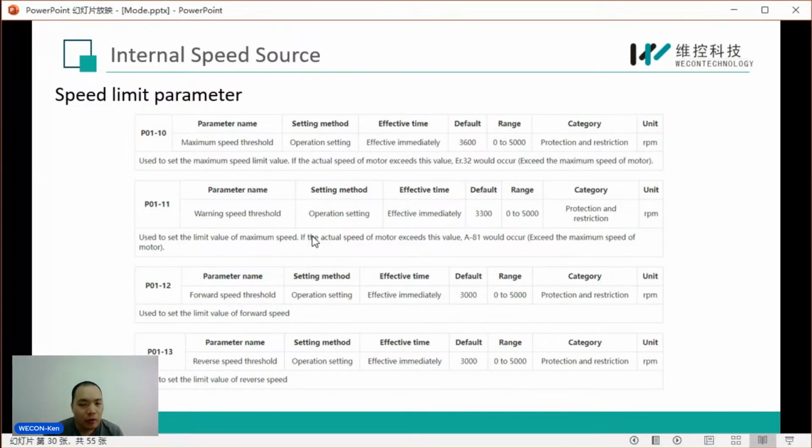The motor will keep moving. So if you want the motor to stop when the speed exceeds the limit, you need to set these parameters P1 and 10, but not these parameters.